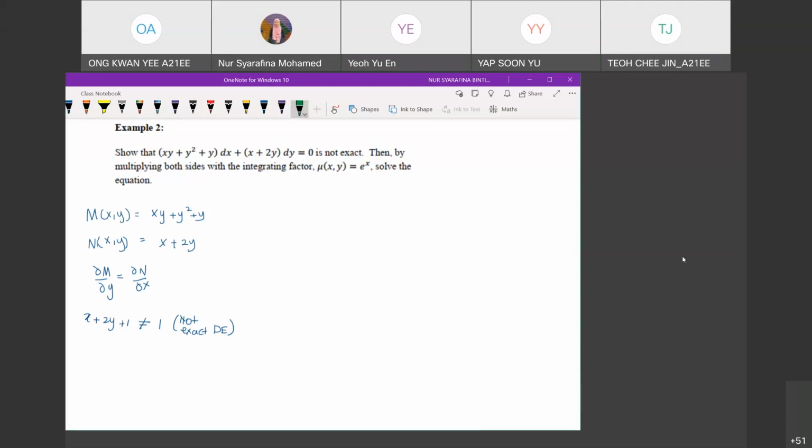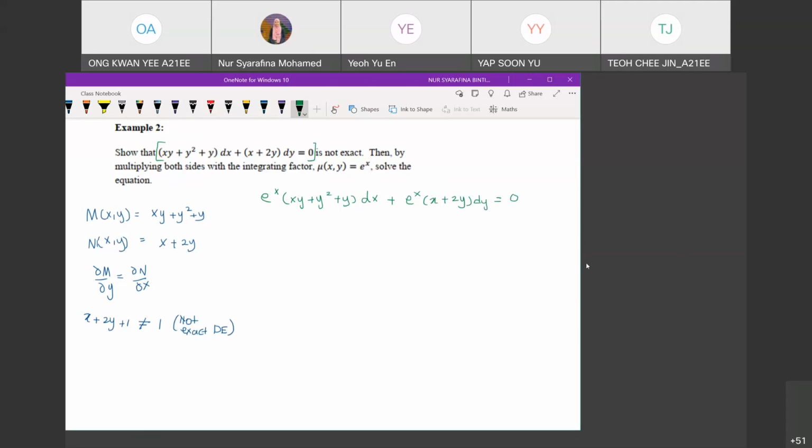So now we just multiply the equation given here with e to the power of x. So we have e^x (xy + y^2 + y) dx plus e^x (x + 2y) dy equals 0.